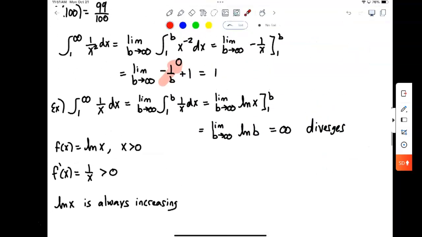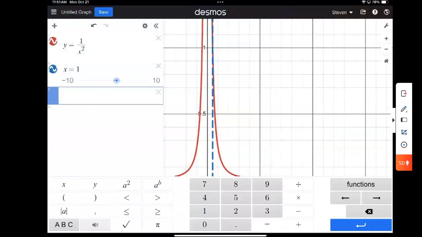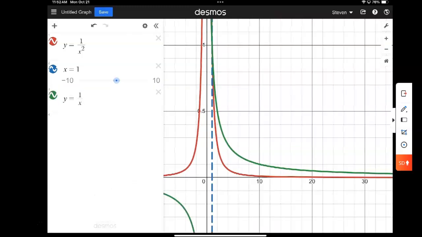So 1 over x squared approaches a finite amount, but 1 over x actually approaches infinity. And we can see a little bit of this idea graphically. The difference between these two functions is that 1 over x squared gets close to 0 quick enough, whereas 1 over x turns out doesn't get there quick enough.